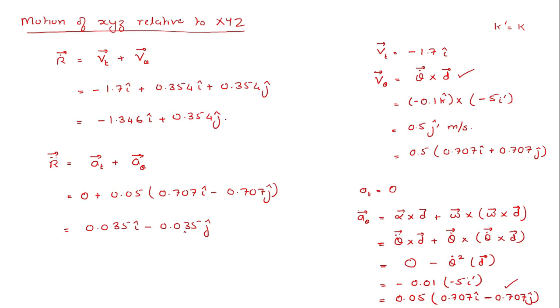Moving on, next we shall concern ourselves with the motion of the center relative to capital XYZ. This is where we use the equations which we had studied in this lecture.